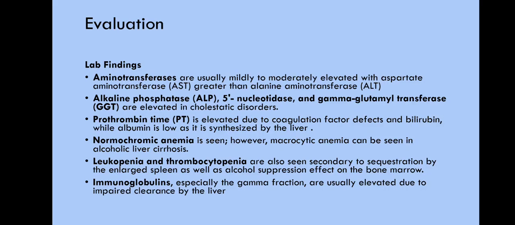Then normochromic anemia is seen, however macrocytic anemia can be seen in alcoholic liver cirrhosis. Then there may be leukopenia and thrombocytopenia, which are seen secondary to sequestration by the enlarged spleen, as well as alcohol suppression effect on the bone marrow. Then immunoglobulins, especially the gamma fraction, are usually elevated due to impaired clearance by the liver.